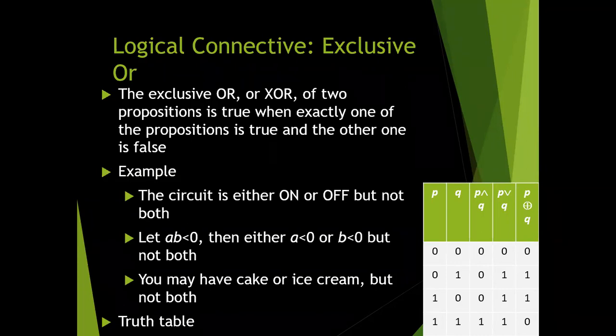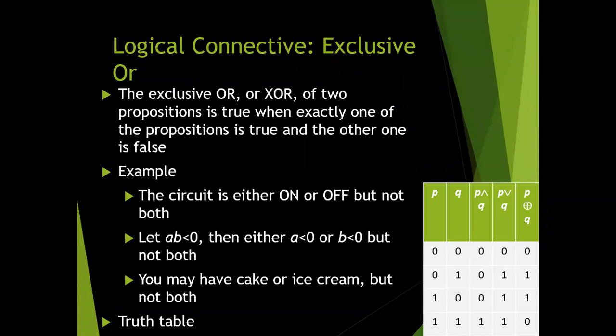Now let's see the example for the same P and Q values. P false, Q false: the one true and one false condition is not satisfied, so the XOR will be false. P false, Q true: only one is true and the other is false, so P XOR Q will be true.